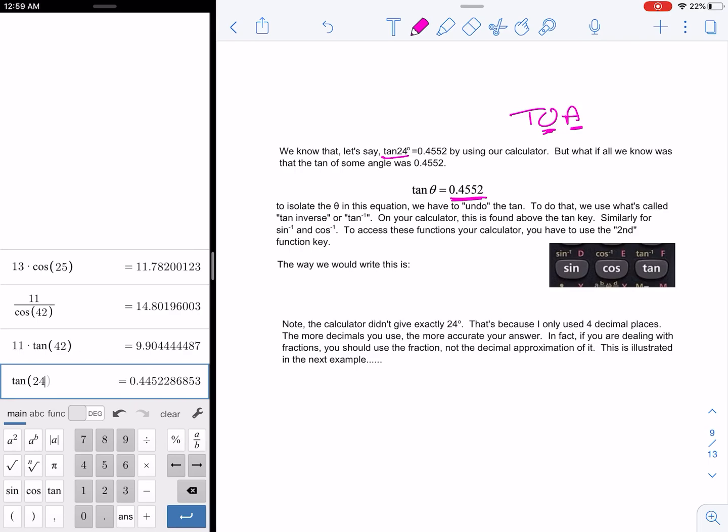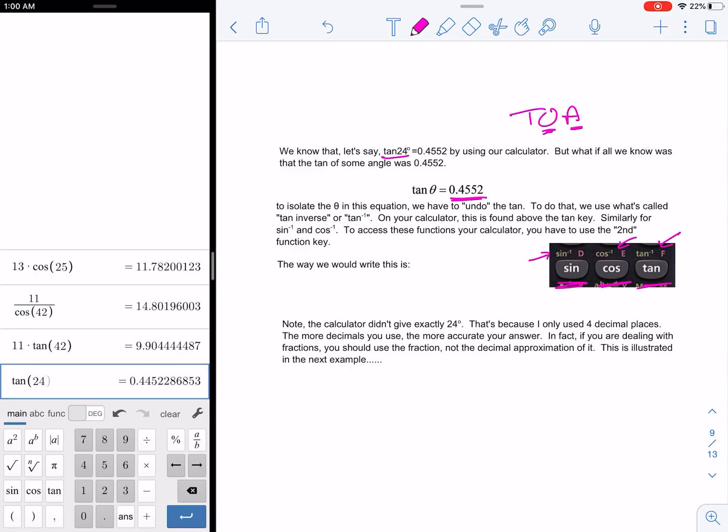There is a way to do this on your calculator. You'll see above sine, cos, and tan on your calculator, you'll see sine to the -1, cos to the -1, and tan to the -1. We don't say sine to the -1, cos to the -1, tan to the -1.